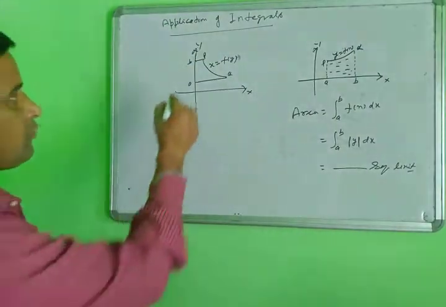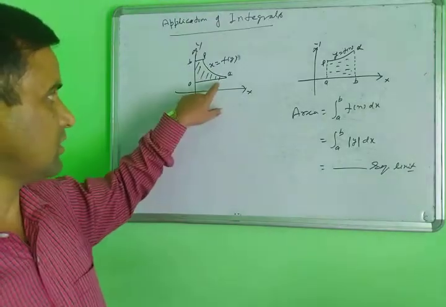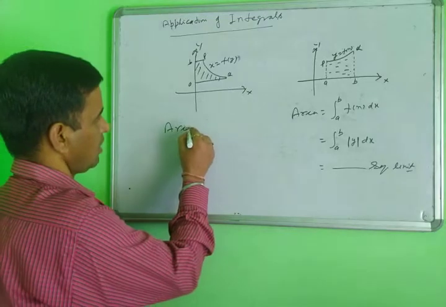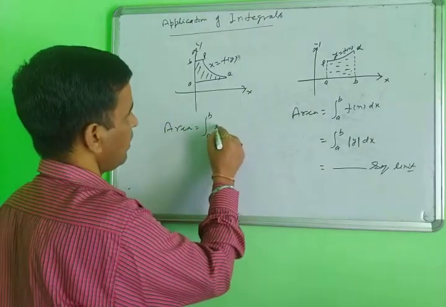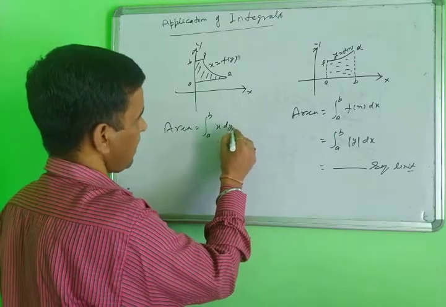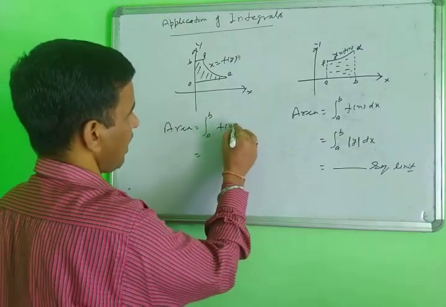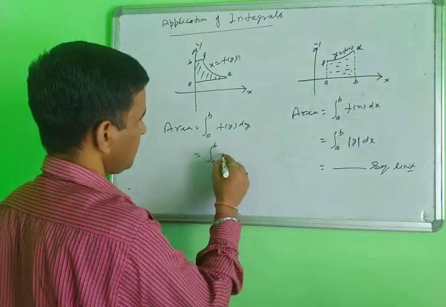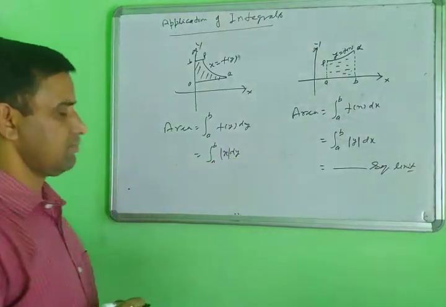So how to find the area of this portion? The same way, we write the area equals the integral from the lower limit to the upper limit of x dy, that is f(y) dy. So that is the integral from a to b of x dy, and we use the mod sign here.